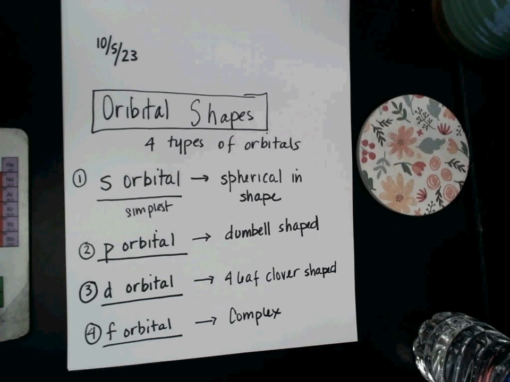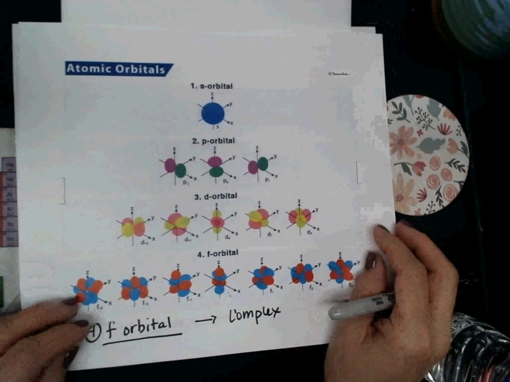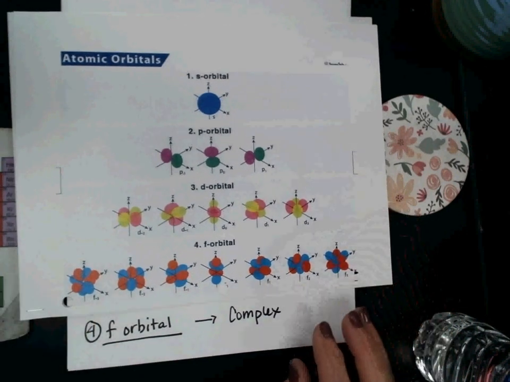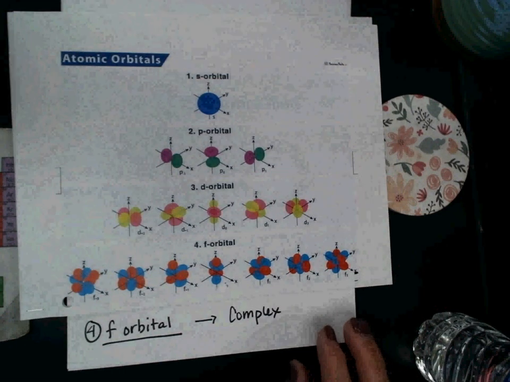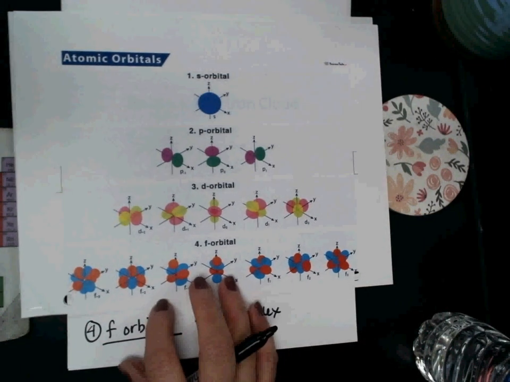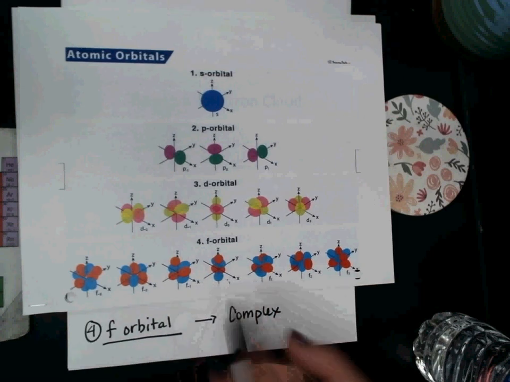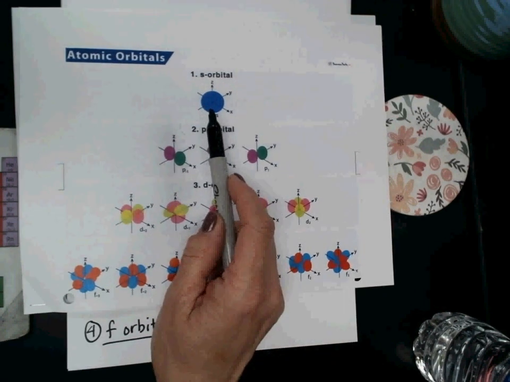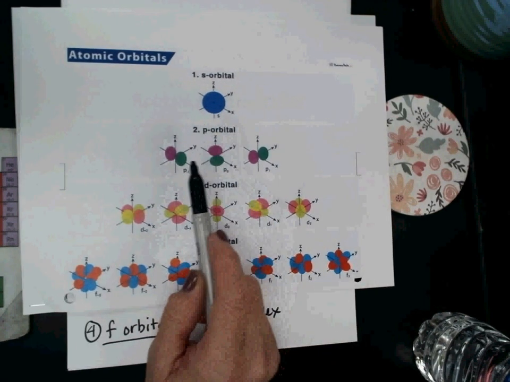So let me see if I can find one of these that you can actually see the picture on. So pull that handout out that I gave you yesterday, and you can look at it and get a little bit better idea of what they actually look like and how complex they are. So s has this circle-like shape. Then the p orbital, that's what they're calling a dumbbell.